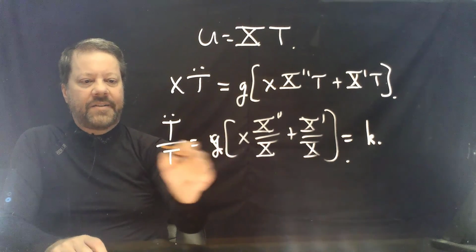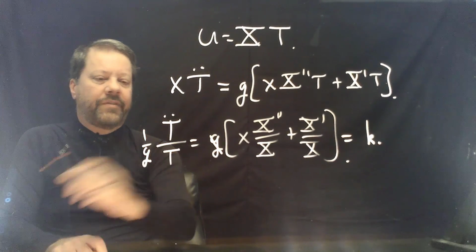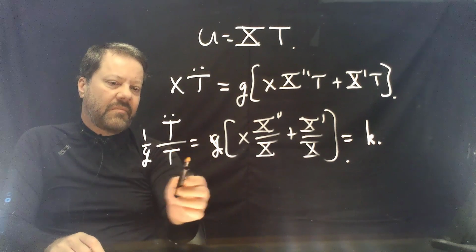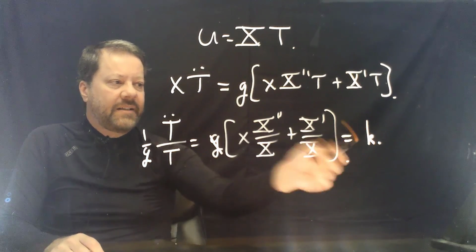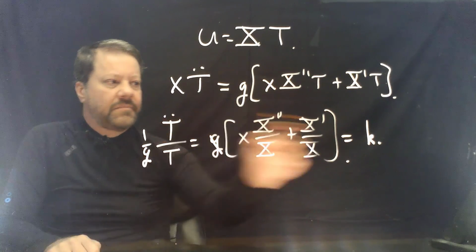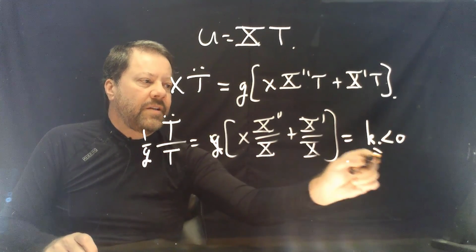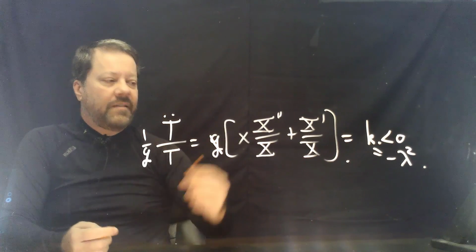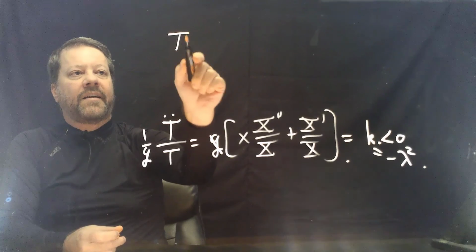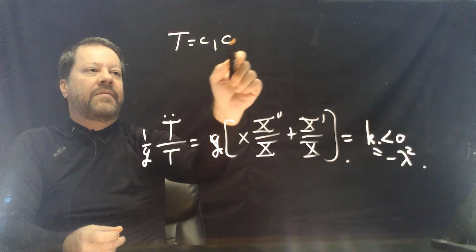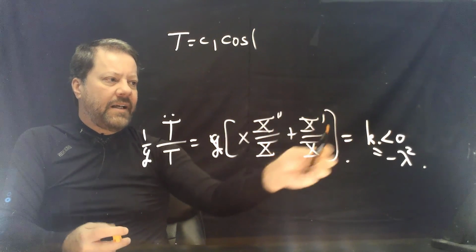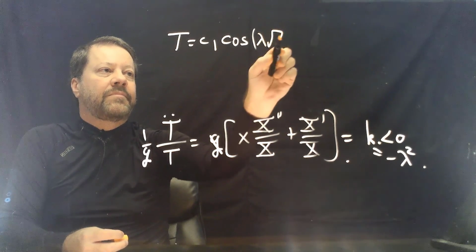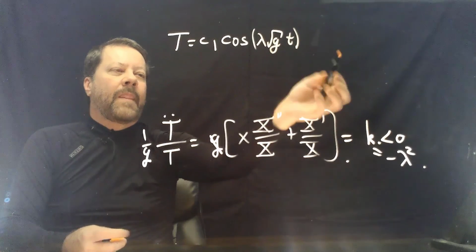We'll divide this g off first. We'll put it over here, but you'll see then that this has to be negative. This will have to be some negative lambda squared. That will give us some periodic thing going on with respect to the function T. We'll have the cosine of square root g lambda, all times t here.